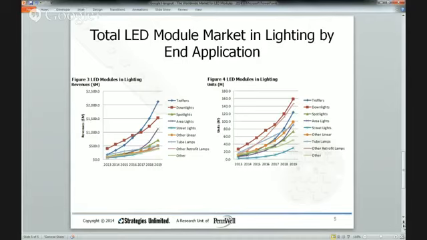Even though troffers currently only have about a 23% penetration in 2013, the fact that there are often multiple LED modules within a troffer helps contribute to their high revenue growth. Also, LED troffers are a lot more expensive than LED downlights. Another reason has to do with the troffer installed base.